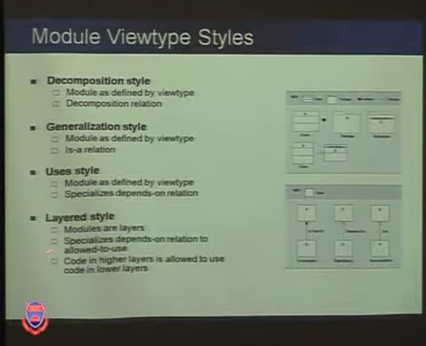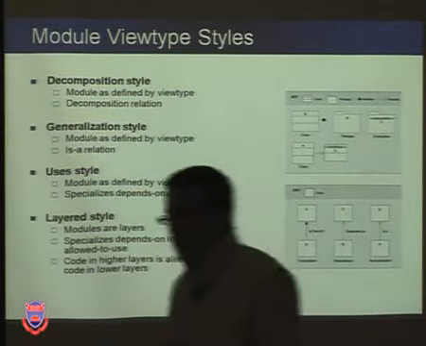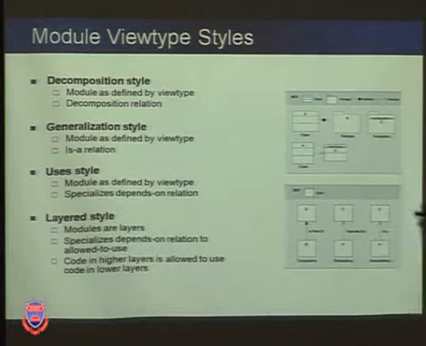It specializes the depends-on relation to allow to use. So it puts additional constraints again on the depends-on relation, similar to user style, but it's a further restriction. It's the allowed-to-use relation. We will see how. Well, in essence, code in higher layers is only allowed to use code in lower layers. It's a very general sense.